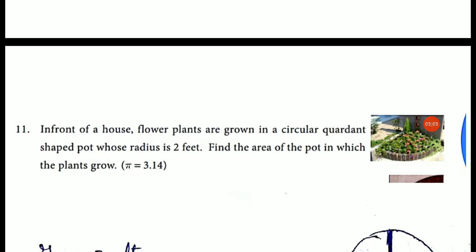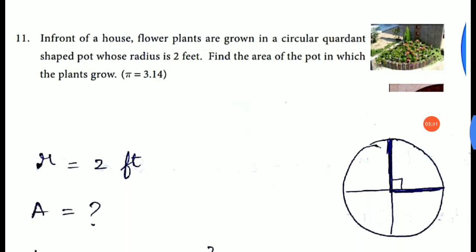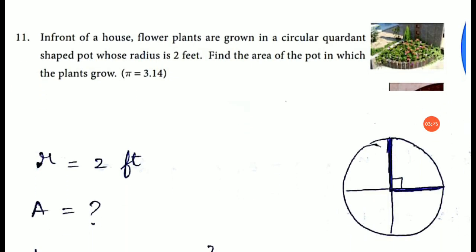So we need to find out the area. So directly to find out the area, shall we use the theta formula? Yes, since it is a quadrant, we can use 90 degree by 360. Is it possible? Okay. Now, let me see which formula I have used here. First, r is equal to 2 feet and then a value I have to find out.